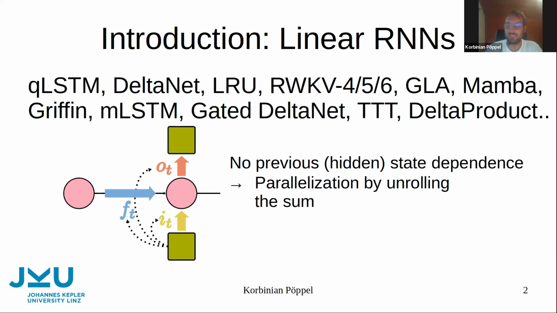I think they have become quite popular in the past years with xLSTM, DeltaNet, LRU, RWKV, GLA, Mamba, Griffin, mLSTM, Gated DeltaNet, TTT, DeltaProduct, and probably quite many more. At their core, we have this memory cell at a node of a network, depicted in pink.